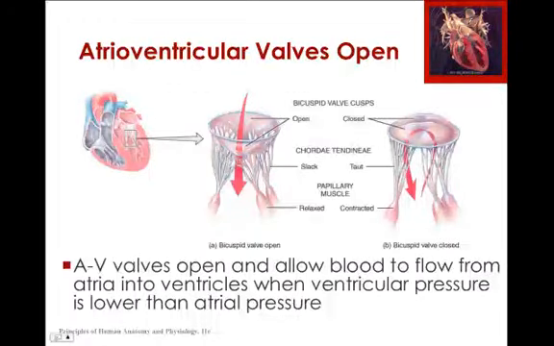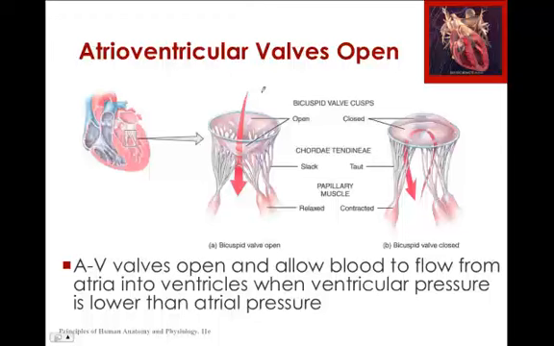So here you can see, this is showing you the AV valves are going to open and allow blood to flow from the atria into the ventricles when ventricular pressure is lower than atrial pressure. So basically when atrial pressure is higher. You can picture this like if the air pressure was much higher outside of your house than inside your house, it could blow the door open.